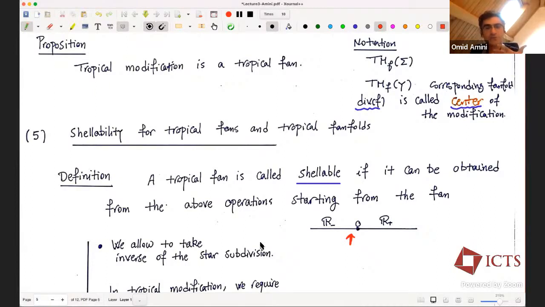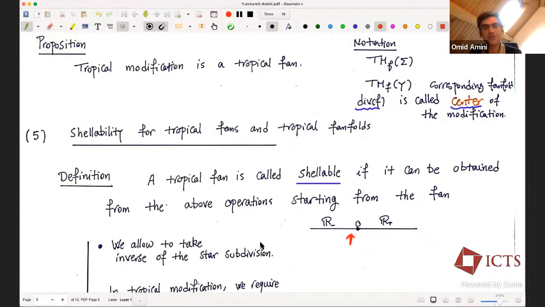How can you produce a new fan? You can take again the product of this with this line to introduce a new one, or you can do a star subdivision. Let's say you do a star subdivision. Now you have a tropical fan again. You take a function on that one, then you form these tropical modifications, so you obtain a new tropical fan.